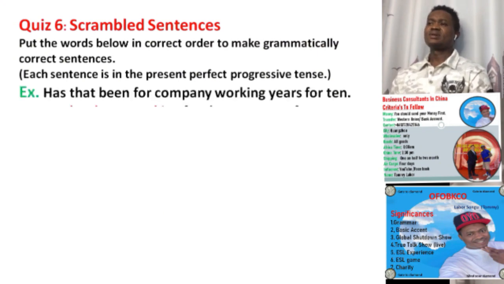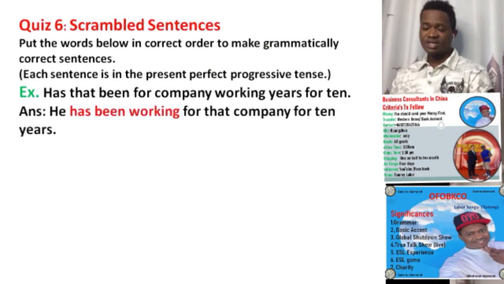Example: has that been for a company working years for 10? This is scrambled words. It doesn't make sense. So now you have to try to put these words into order to make sense, in the present perfect progressive. So the answer is: he has been working for that company for 10 years. All right. Okay, let's go to the next one.